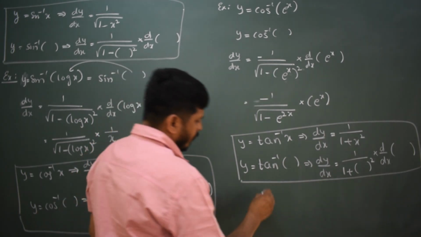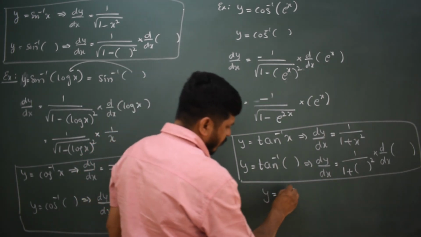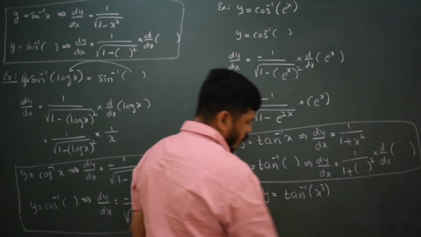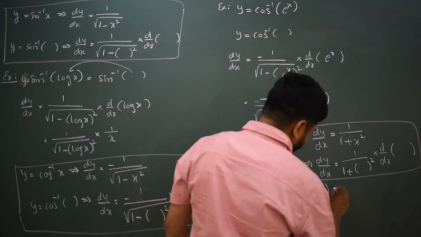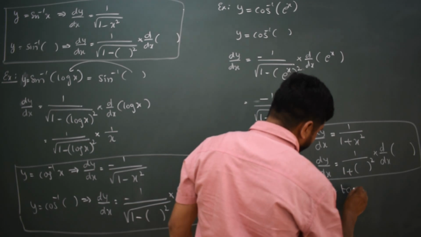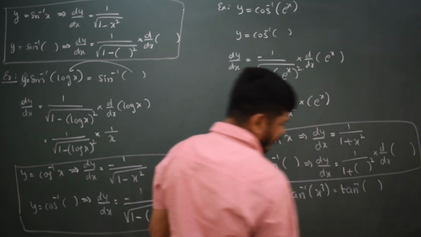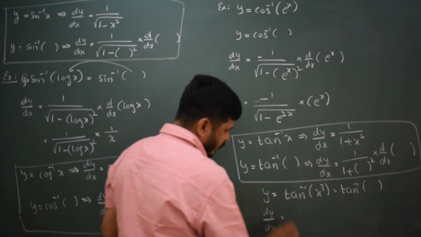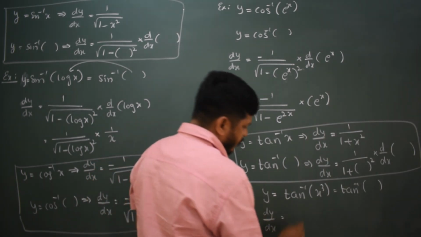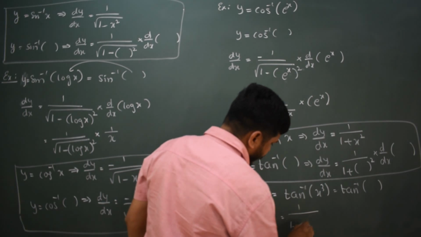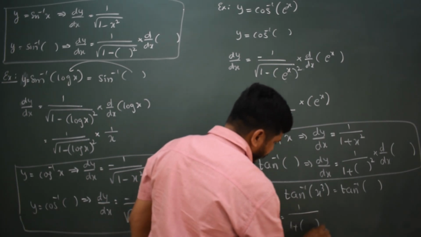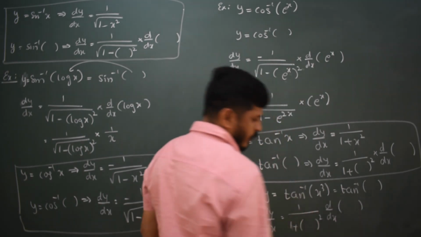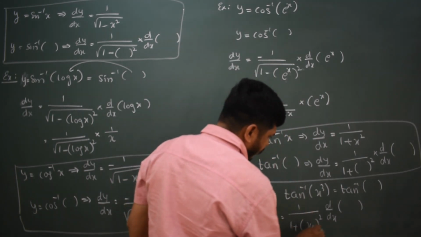Say for example, y is equal to tan inverse x cube. How to read this one? y is equal to tan inverse something. dy by dx is equal to tan inverse something differentiation, 1 by 1 plus something the square into d by dx of something. In the place of something I have x cube.